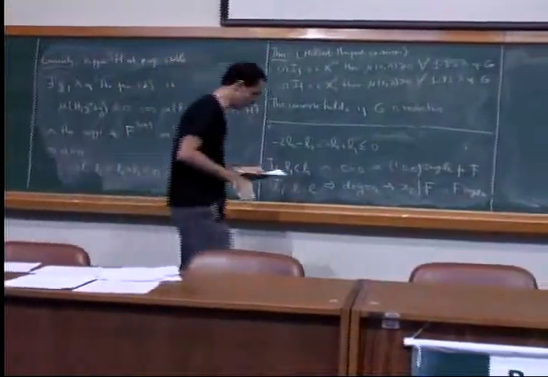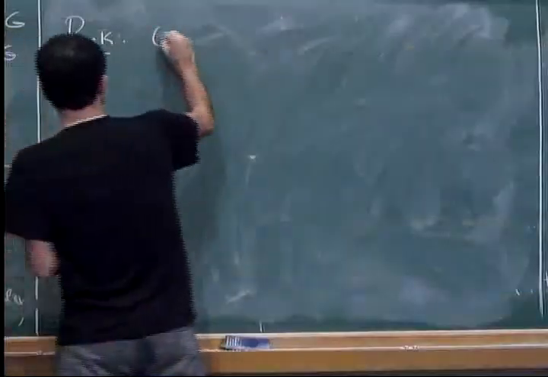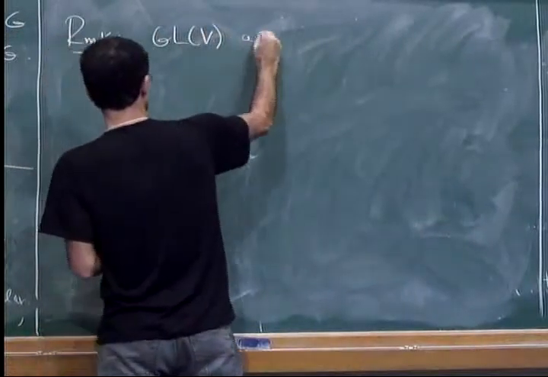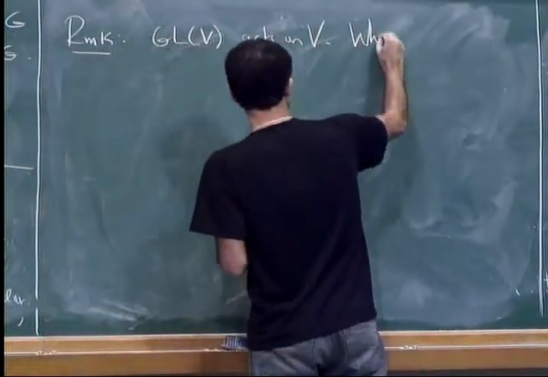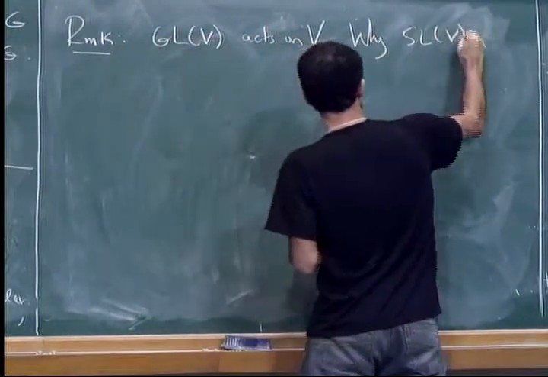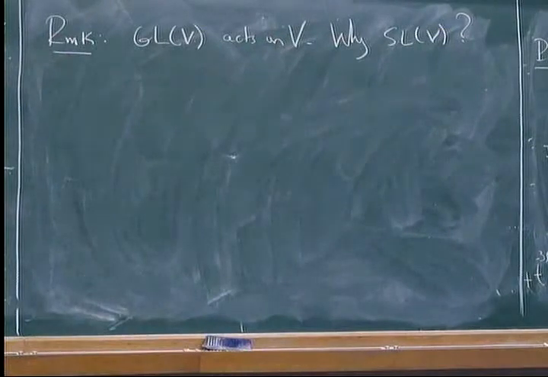But the remark that I wanted to make is that GLV acts on V. So why SLV? So why do we consider SLV instead of GLV?